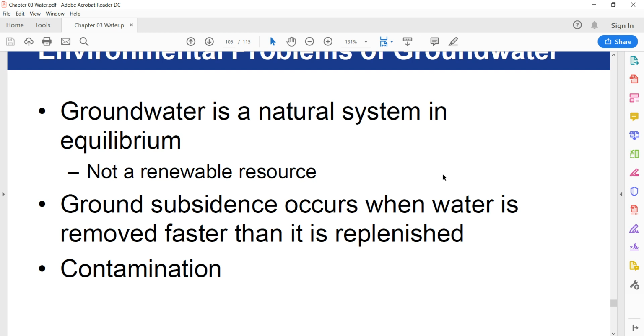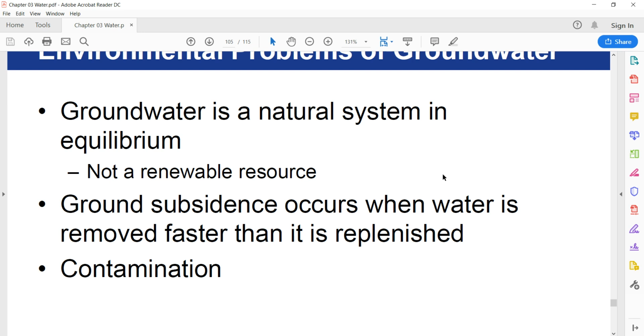So if we empty those aquifers in current time, it will take thousands and millions of years for them to be replenished. That's why the time it takes for replenishment is so long that we consider it a non-renewable resource.